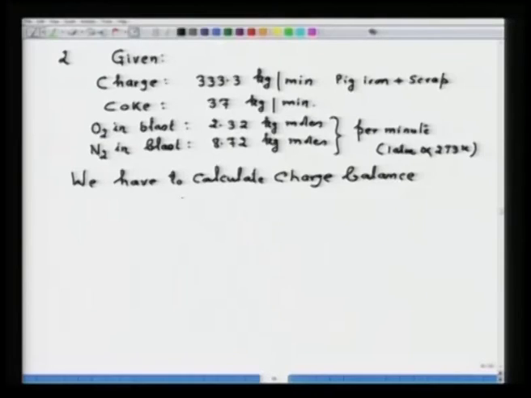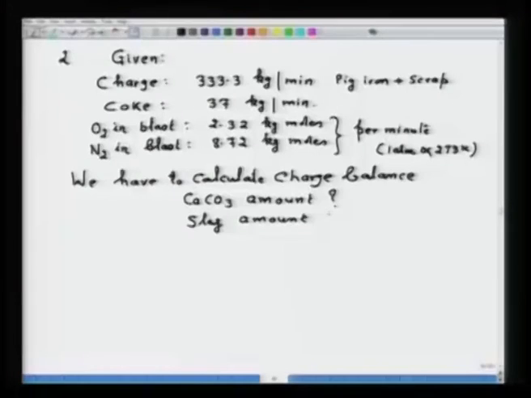So, if you see the problem, the amount of calcium carbonate is to be calculated. Then you are also required to calculate slag amount, that is also not known. This type of calculation tells you whether you understand the material balance of cupola or not.